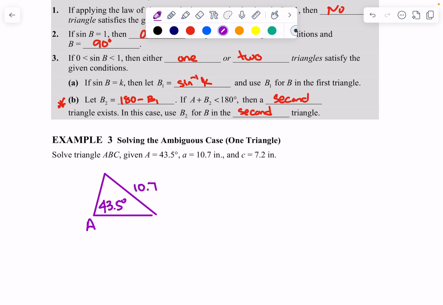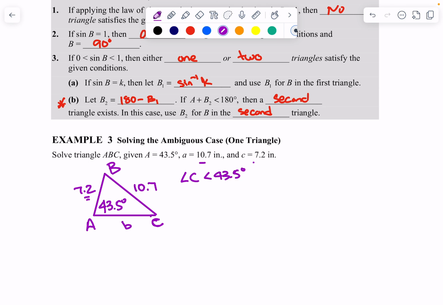And we'll make this be 7.2, which makes this angle C, this angle B, and this side b. As we go to work with this, we're going to find angle C first because that's got the side that we know. And we can see that side c is less than side a, so we know that angle C has to be less than 43.5 degrees.